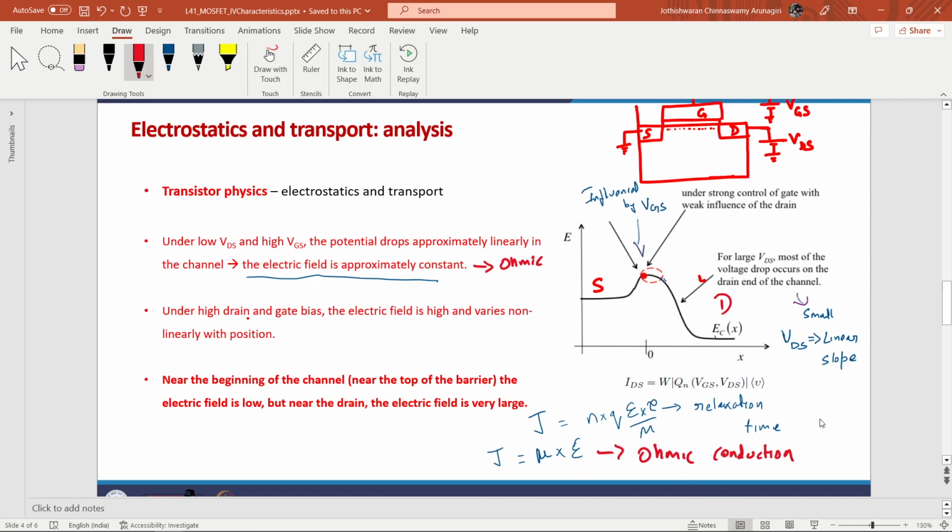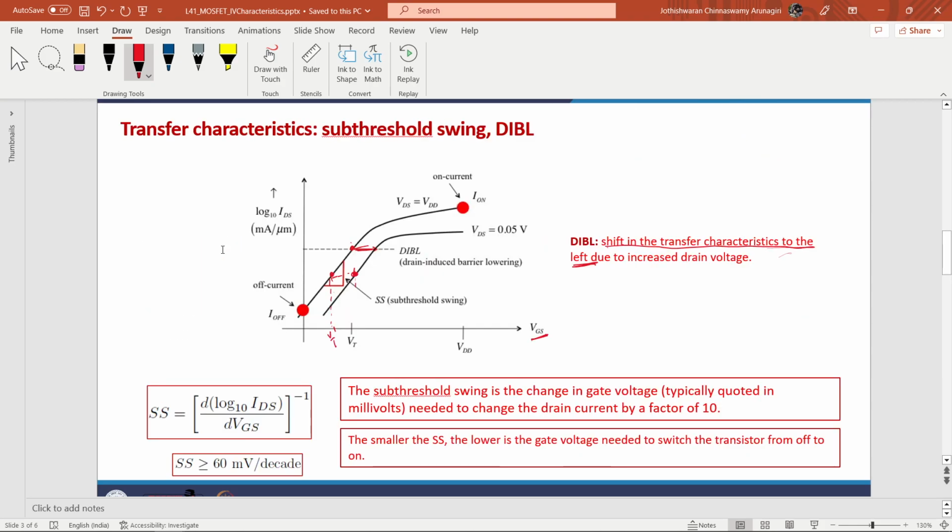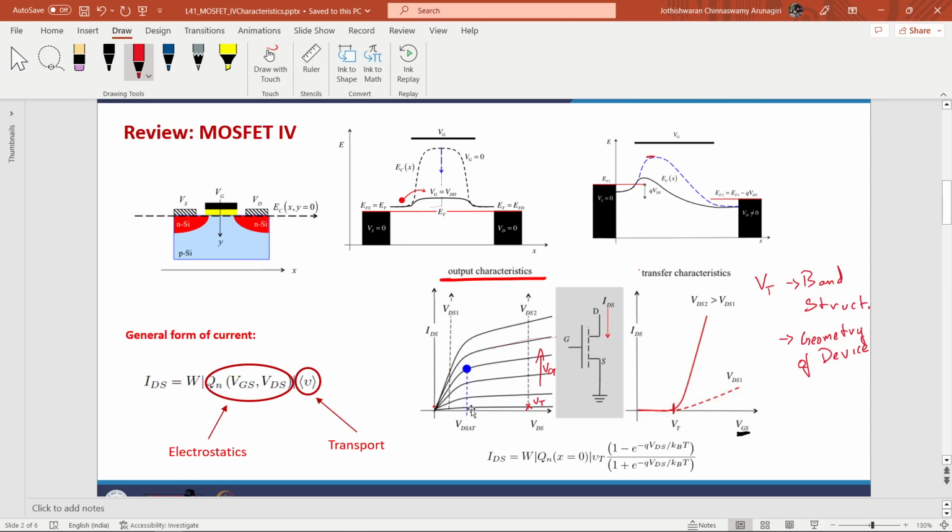Since it is constant, we can use Ohm's law to represent the conduction in such a channel. However, that is only valid for a small range of VDS, as seen in this curve. The ohmic region occurs for low values of VDS. As and when VDS increases, we move out of the ohmic region.